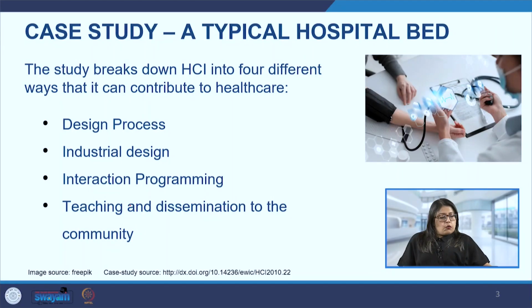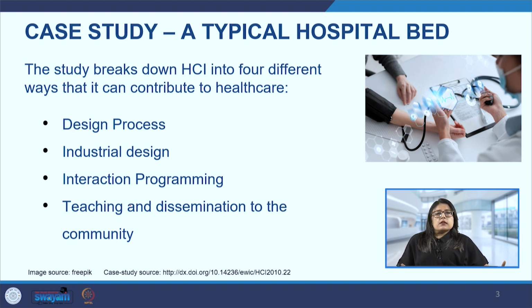Now, this case study breaks down human computer interaction into 4 different ways. First is the design process, which includes our evaluation, our iterative design, all the approvals that are required, the regulatory bodies that have certain approvals to be taken from, and procurement, and for this there are standards that have to be followed.